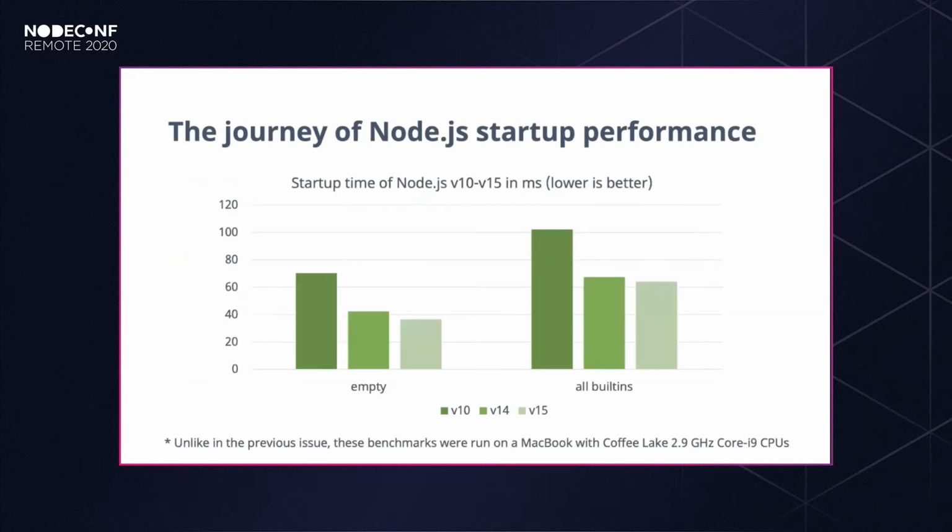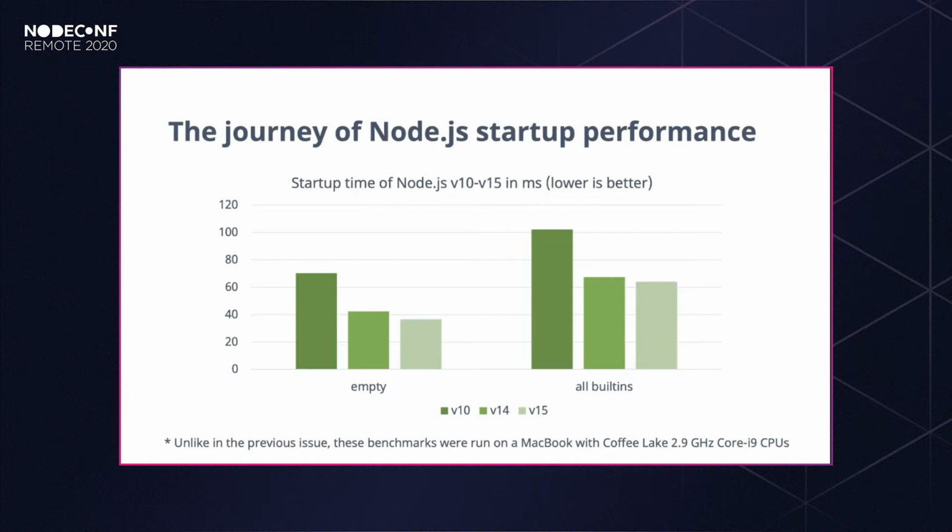Here is an overview of benchmark results from 3 versions of Node: 10, 14, and 15. This shows the startup time of these binaries in milliseconds. The first group measures the time used to load an empty script, and the second group measures the time used to load a set of public built-in modules shared by all these 3 versions.